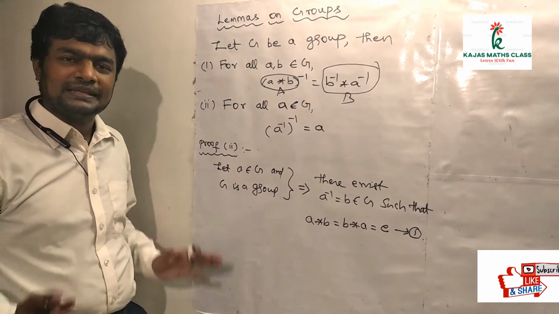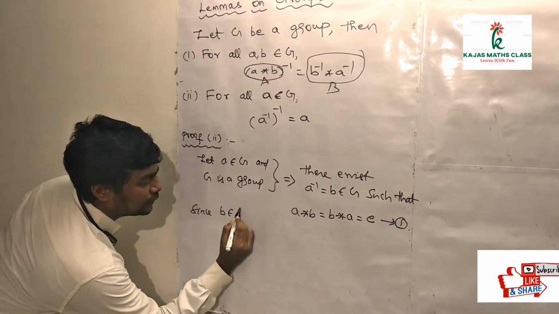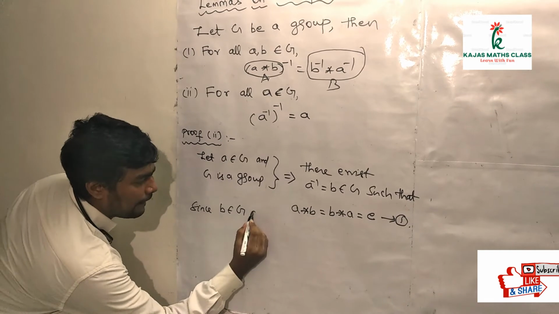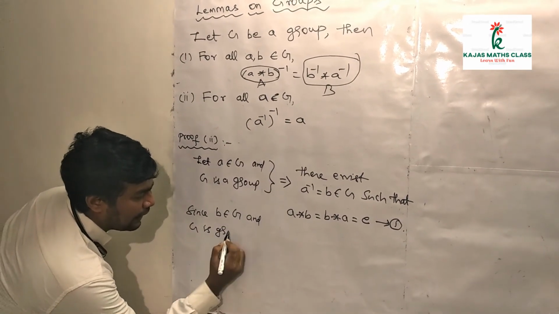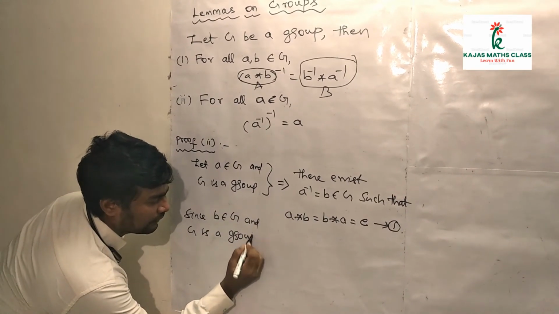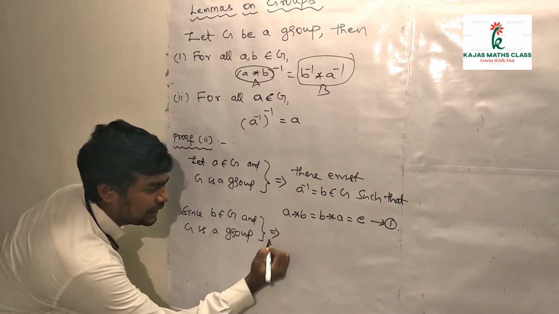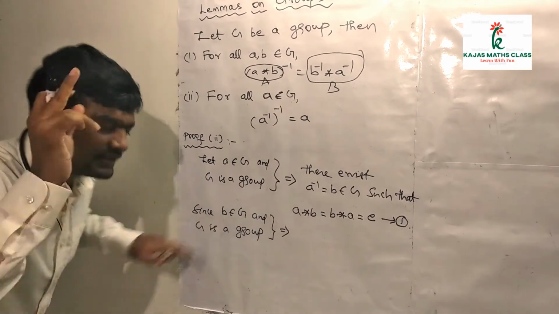First step. Second step. Since b belongs to G and G is a group, then as per the group property, this b must have an inverse.